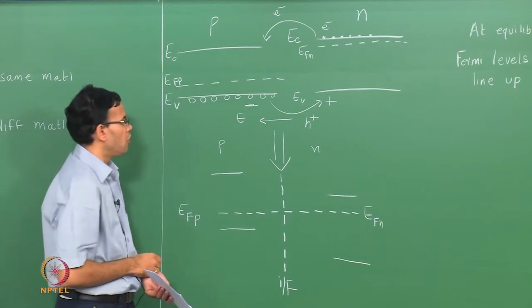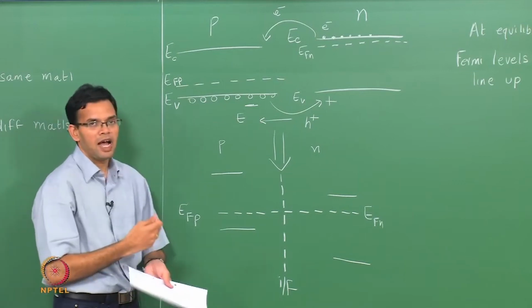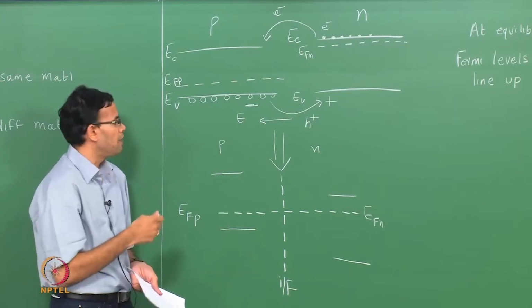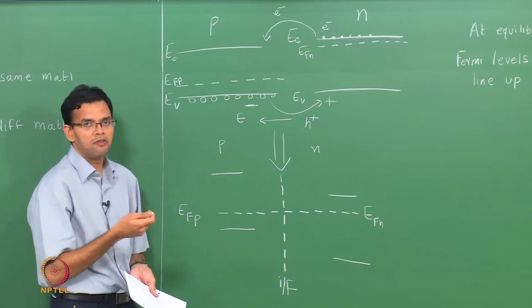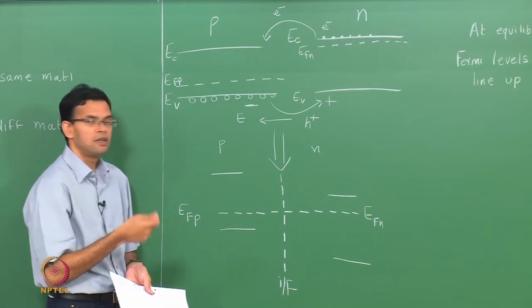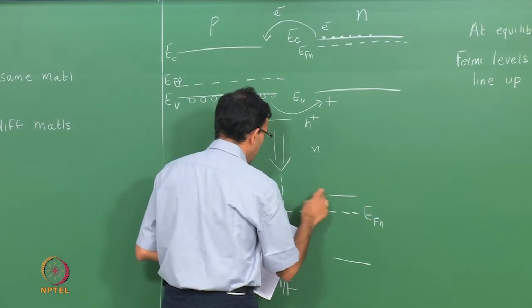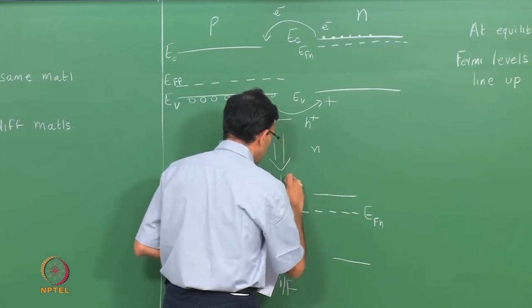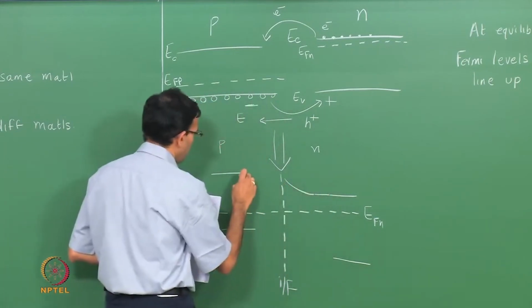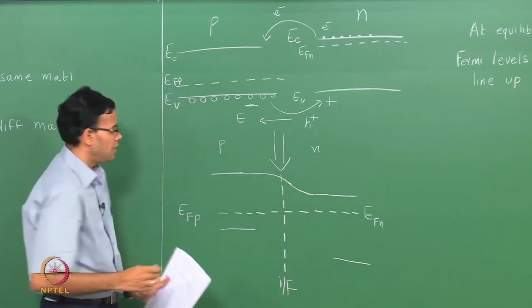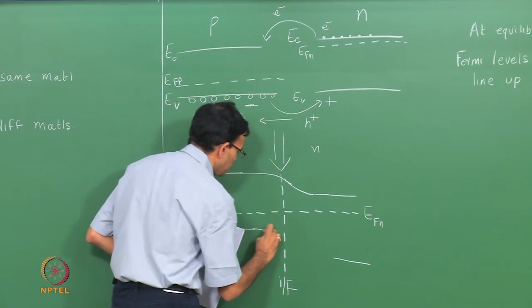In last class, we also saw that whenever we have an electric field, we have band bending, and the bands bend in the direction of the field. So, the bands bend up in the direction of E. So, we have the bands bending on the N side up, we have bands bending on the P side down. So, that is how the junction forms.